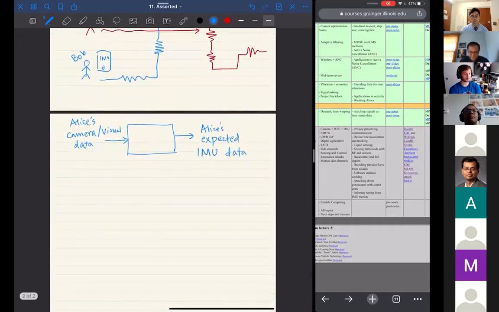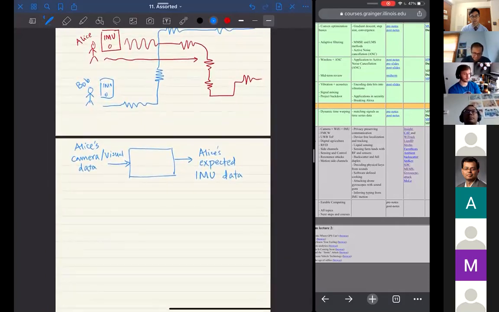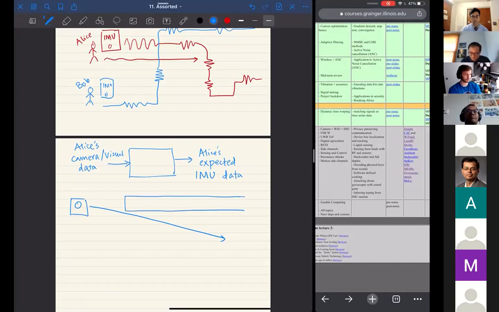So once you have this expected IMU data, then the idea is, the camera sends a wireless broadcast message, but it creates this message whose address, this is the message.